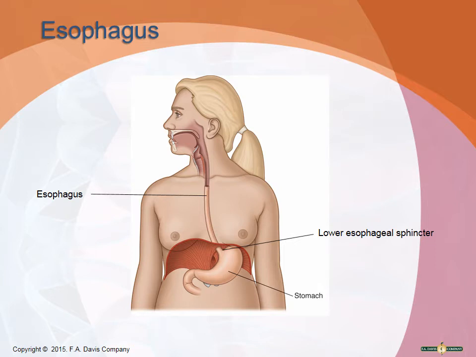It's that lower esophageal sphincter that contributes to GERD. When that's weakened and gastric contents spray backwards, it can burn the lower area of the esophagus.